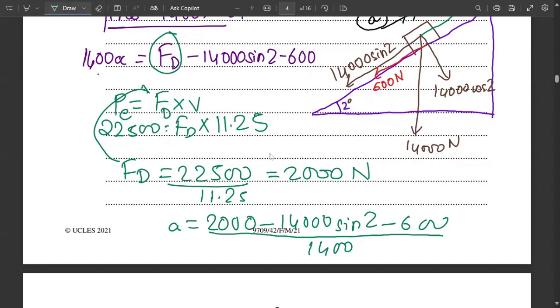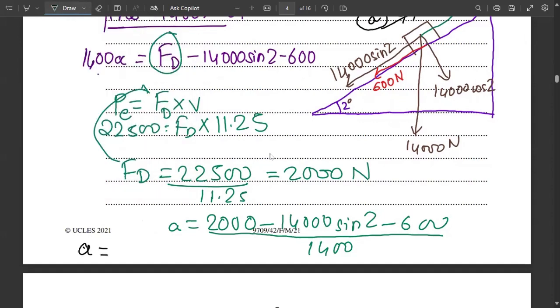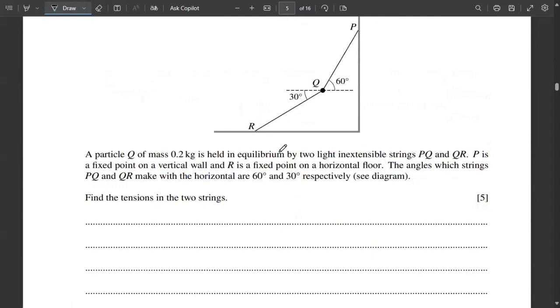And the final acceleration I'm getting, if I put this in the calculator, is 2000 minus 14,000 sine 2 minus 600, answer upon 1,400. So the answer I'm getting is 0.651 meter per second square. And that's how we are done with this question. Let's move to the next question.